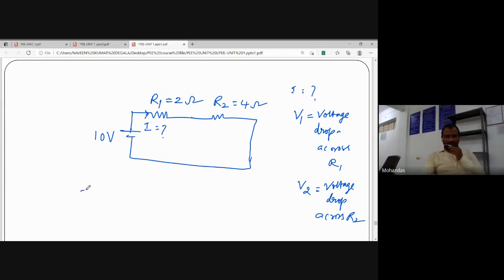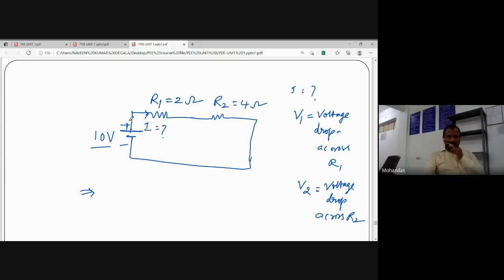First we have to find the current in the circuit. There is a voltage V here. By seeing the battery symbol, we can write plus and minus.